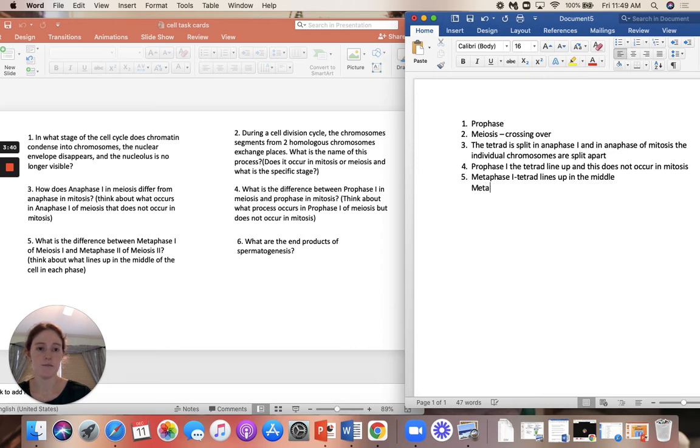Metaphase 2, the individual chromosomes are going to be lining up. And number 6, what are the end products of spermatogenesis? You get 4 working sperm.